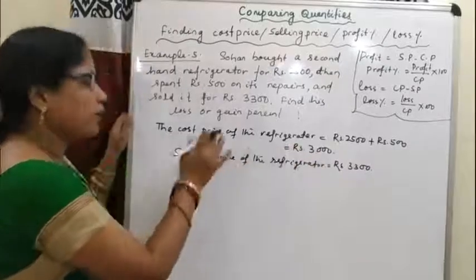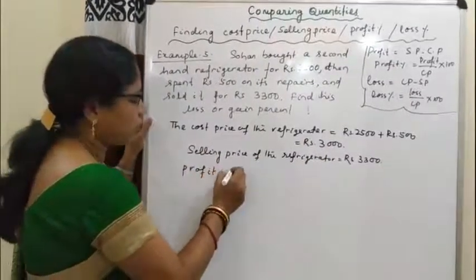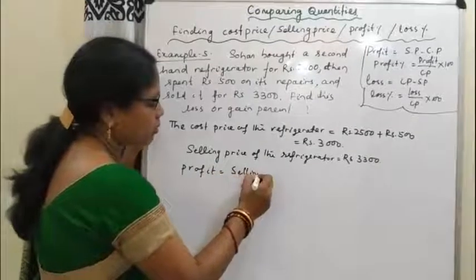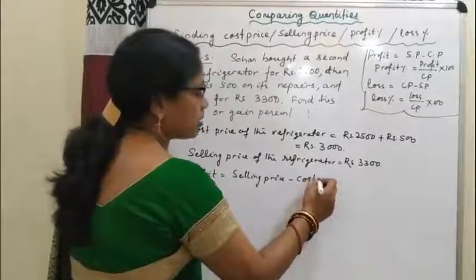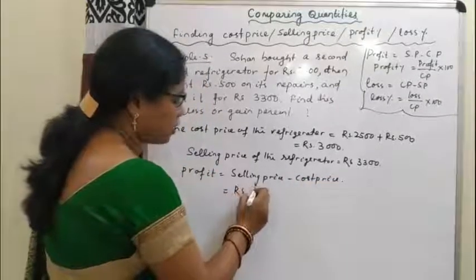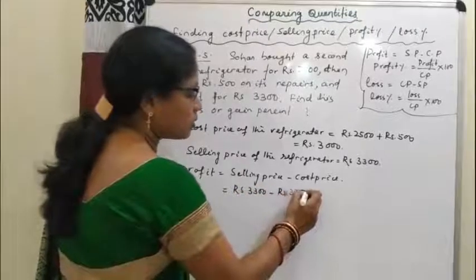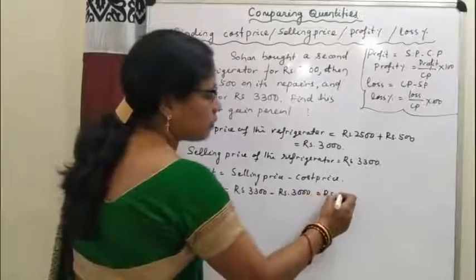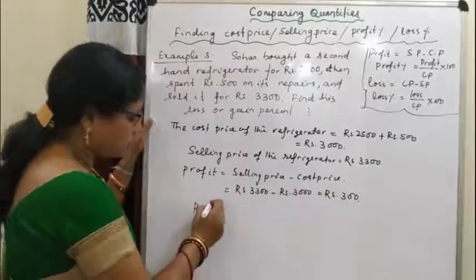So here profit occurs. So profit is equal to selling price minus cost price. So this is equal to rupees 3300 minus rupees 3000. So this is equal to rupees 300. Then what is the profit percentage?